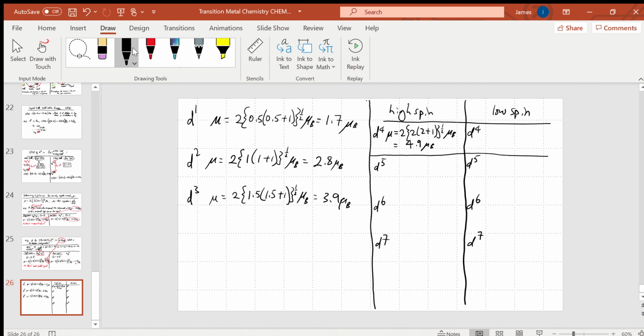But if it's low spin, then it would be 2. It would be, let's see, 4. It would just be 1. So it would be 1.